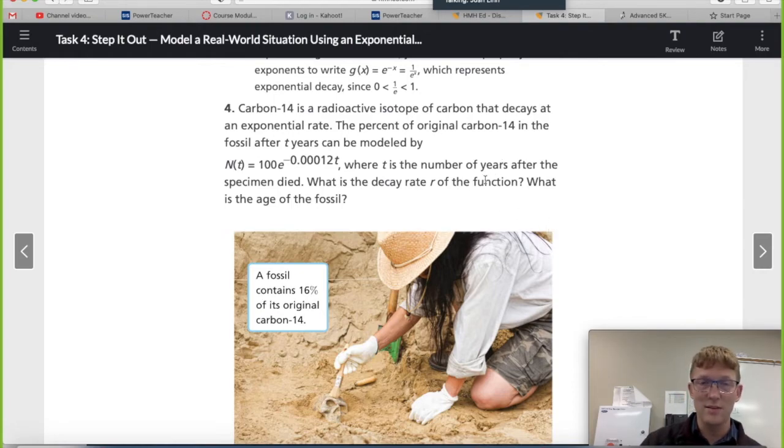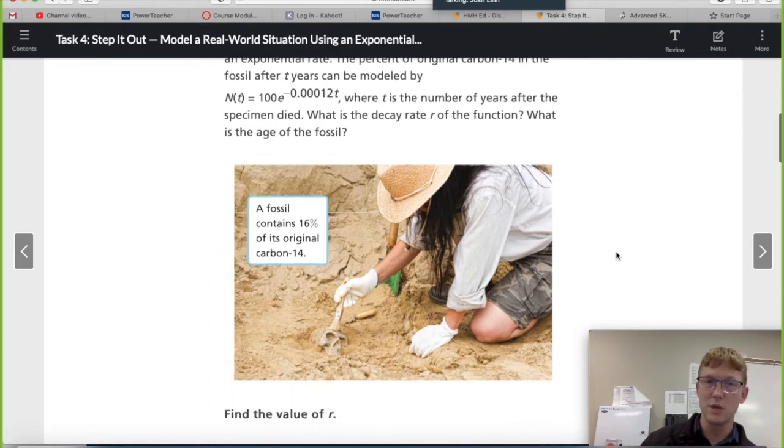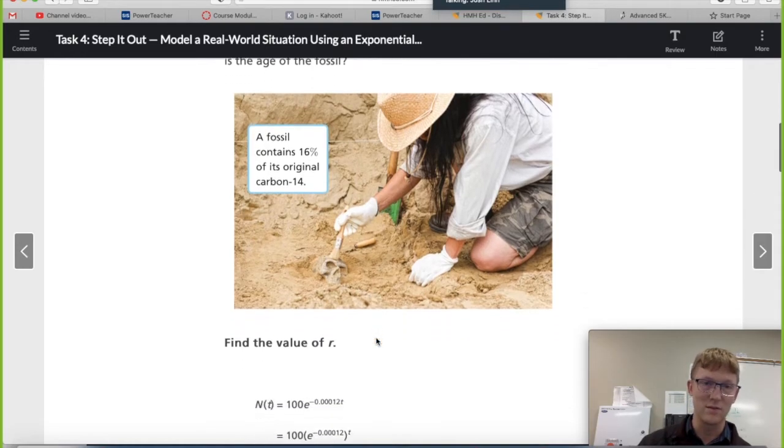So in this case, we can look at the context and go, we're definitely not growing carbon-14. We're not getting more of it. It's getting less. So we are dealing with a decay. So if we know that a fossil contains 16% of its original carbon-14, we can use that information to figure out how old it is.